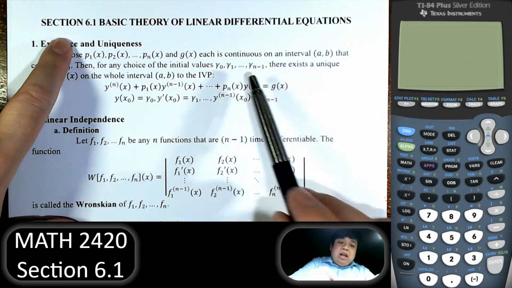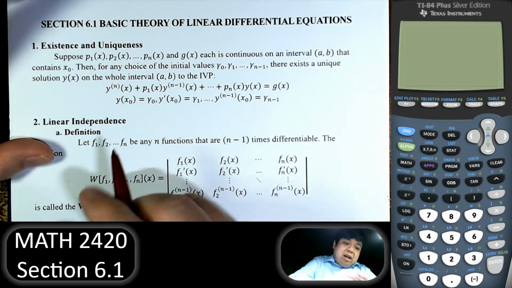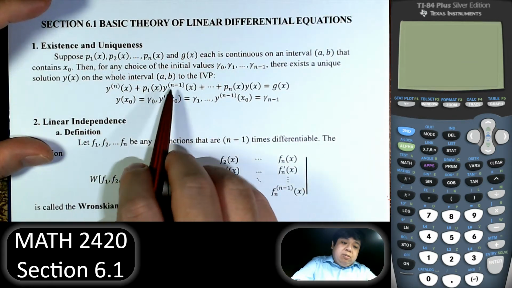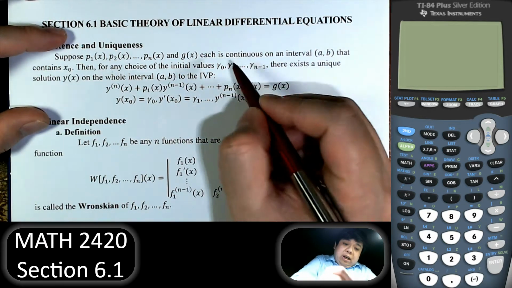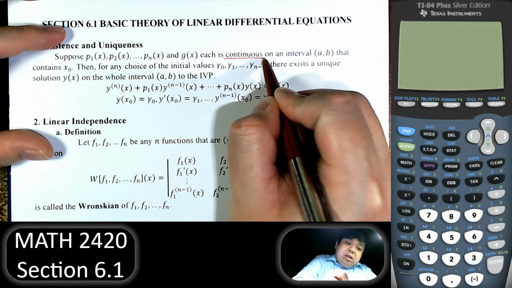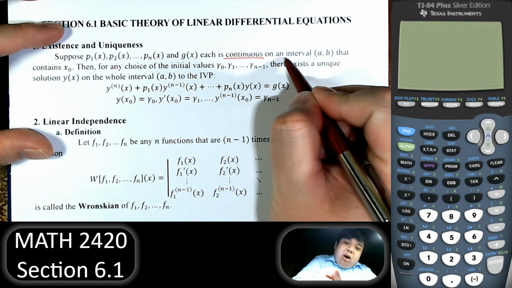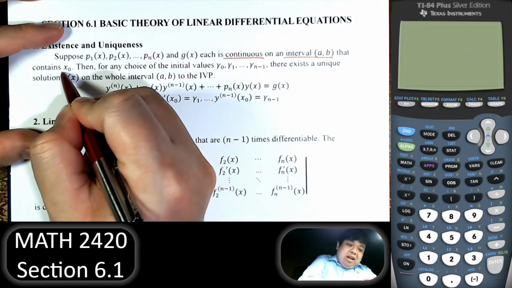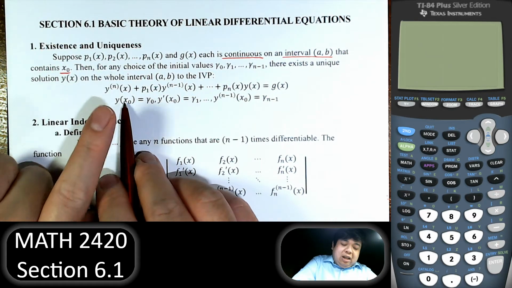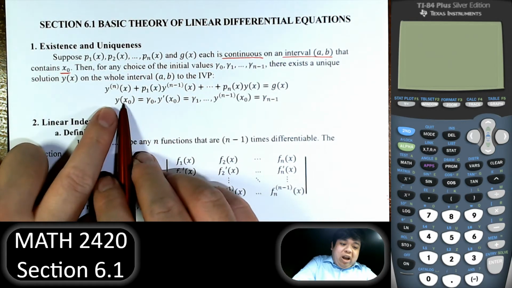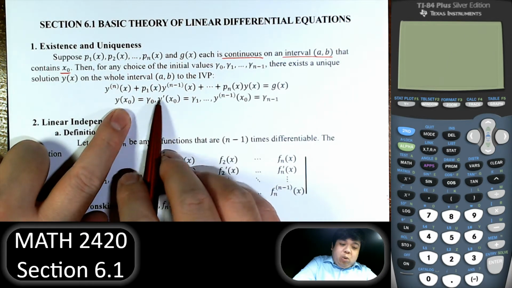And for existence and uniqueness, all we need is that all of those coefficient functions and the input function are continuous on the interval that contains x0. x0 is the initial point where the initial conditions are given.